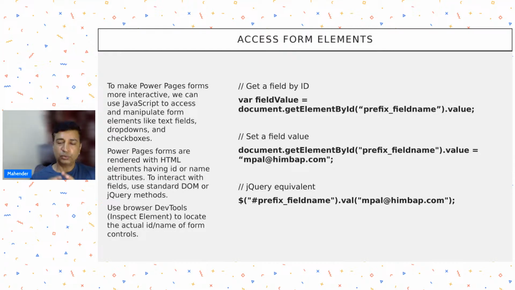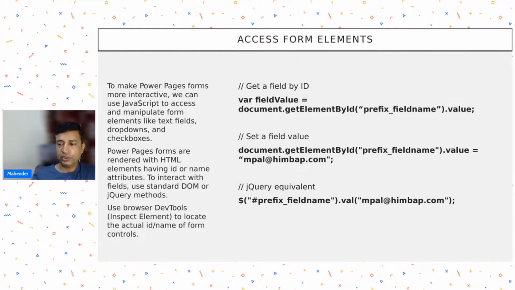Whatever your field is, whether it's a text field, numeric field, drop down, or any other custom HTML element that you have created, you can refer to them using their particular ID. Now, if you want to access it using jQuery, then you can simply use the $ and hash, then the same thing we used for our field name, and then dot val.